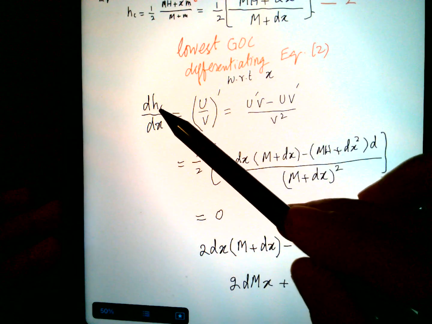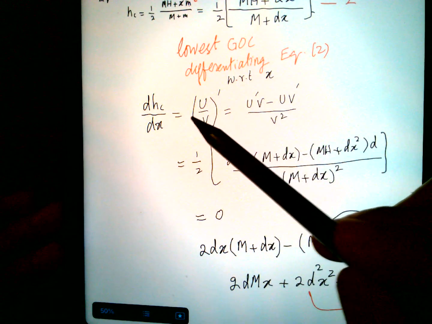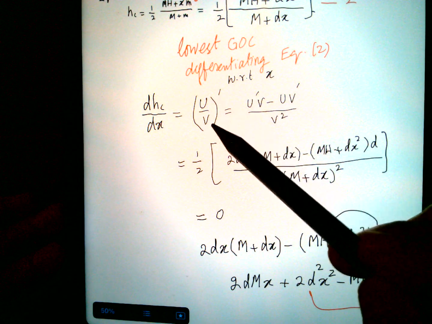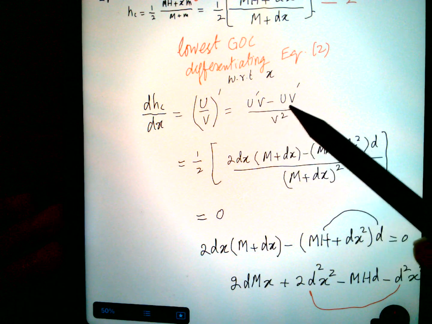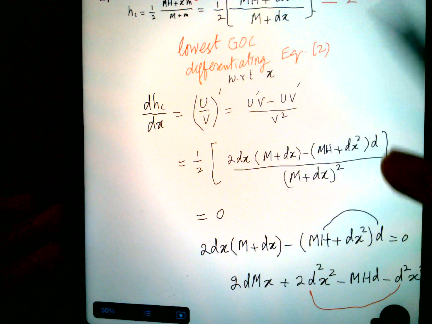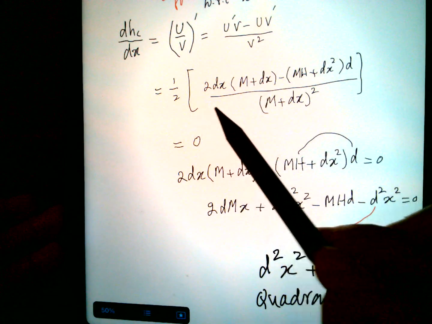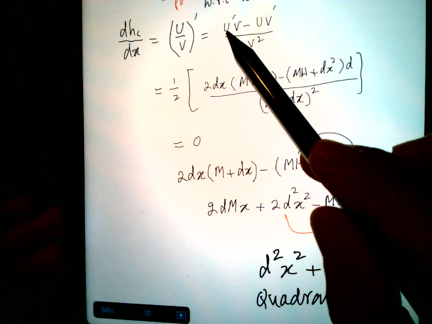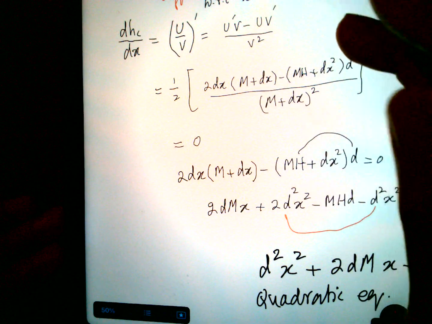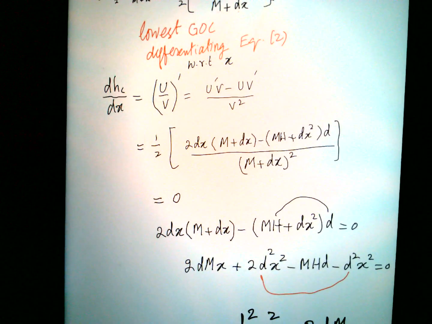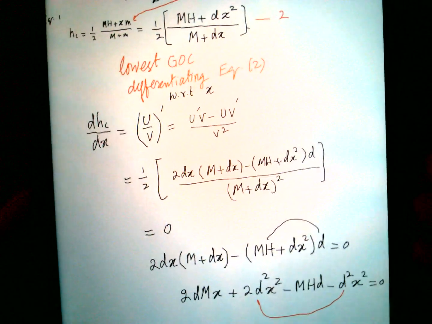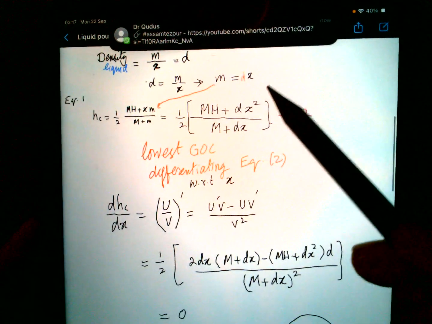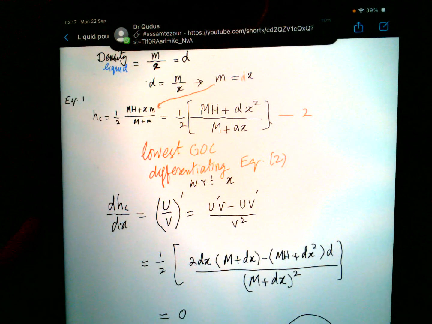So dhc over dx, the derivative with respect to x of equation number 2, we use the formula for the derivative of u over v, which is u' v minus u v' over v squared.